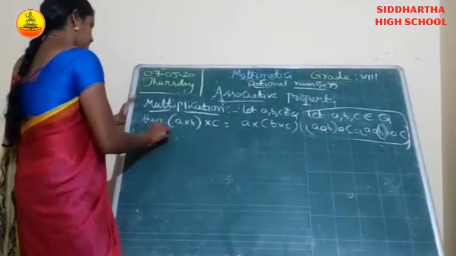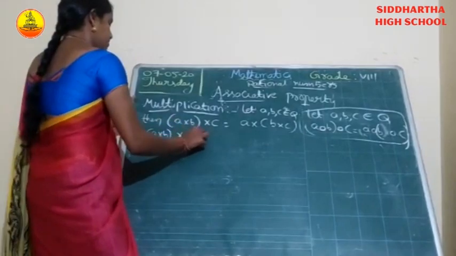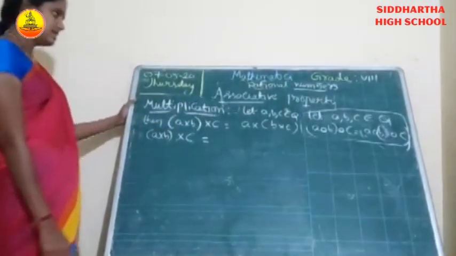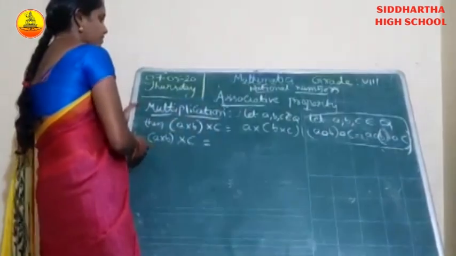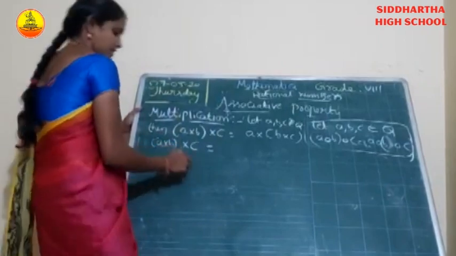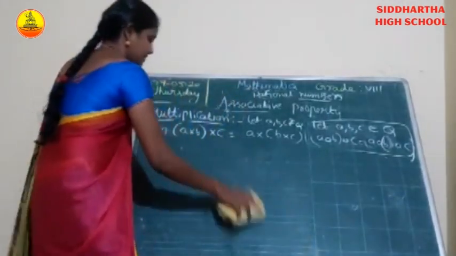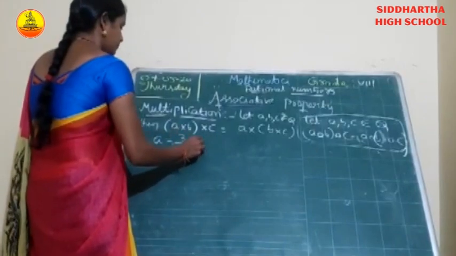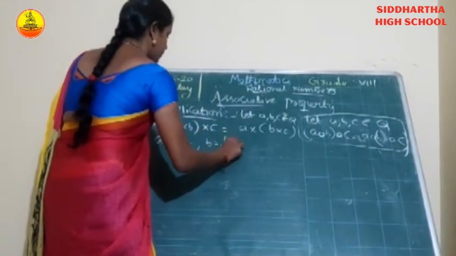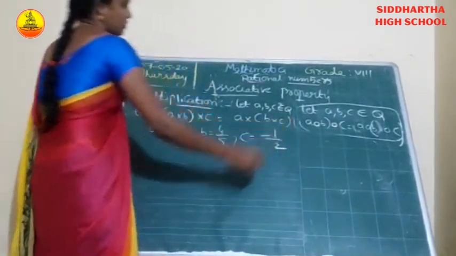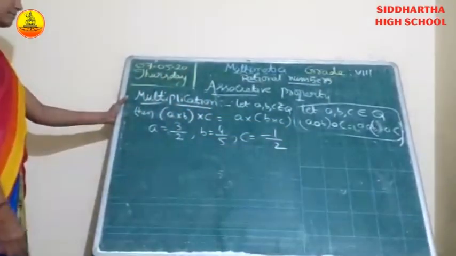First we will take (A into B) into C. You take the values of A, B and C. Let us take the value of A as 3 by 2, B value 4 by 5, C value minus 1 by 2. One negative rational number I am taking.